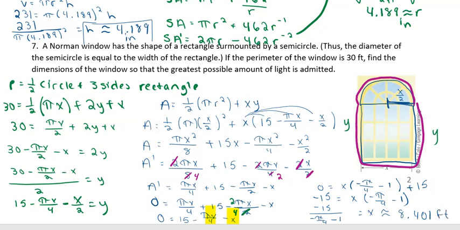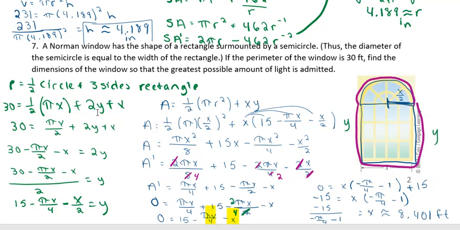So that is just figuring out x. We need the dimensions, so we need x and y. Well, if you remember, we had our y equation all the way back over here. Usually I would put it back into the higher up equation so we can solve it down.